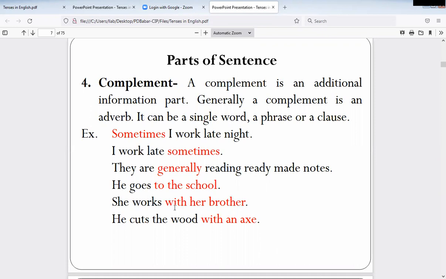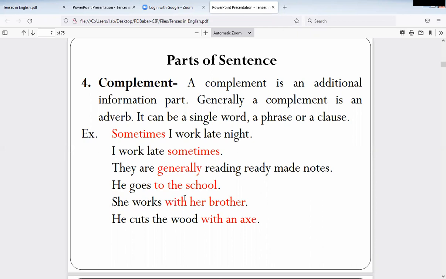But as there is the word with in this sentence, it is called the complement of the sentence, because what works, if we ask a question to the verb, then it is not answering with her brother.